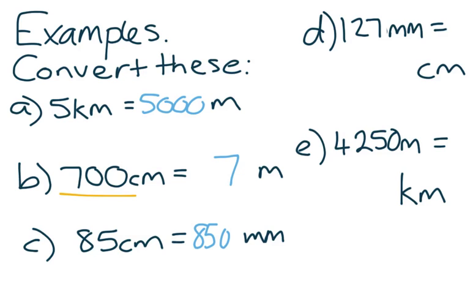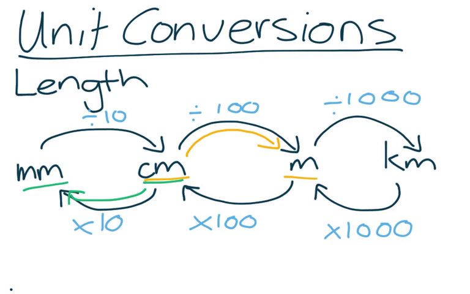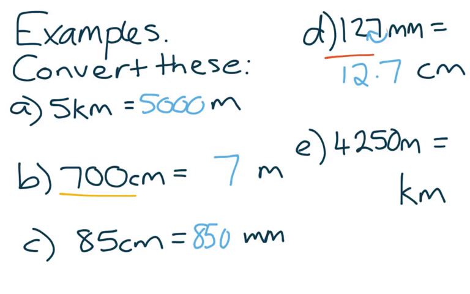And remember, when we divide by 10, if there's no 0 on the end, because normally we would just drop the 0, we just move the decimal point back one place and it would end up as 12.7 centimetres. And then same with the last one, if we're going metres to kilometres, we're going to follow this arrow, so we're dividing by 1,000, which means we go back 3 places because in the first one we only went back 1 place because it was divided by 10.